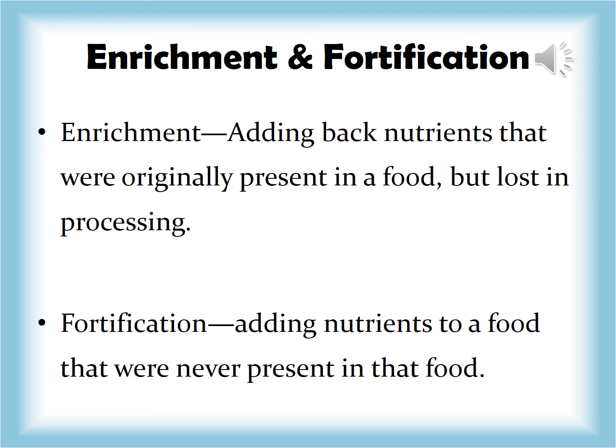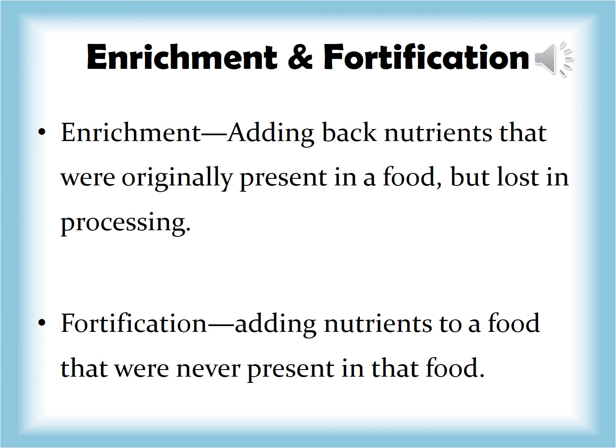Now enrichment, that is what we do with the bread products. So when we have a natural grain, it's going to have many of these B vitamins, it's going to have high amounts of iron, vitamin E, very essential fats. And when we process them, we're removing two very important structural pieces of that grain.